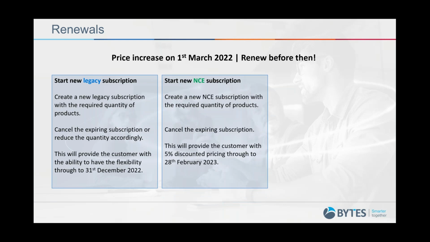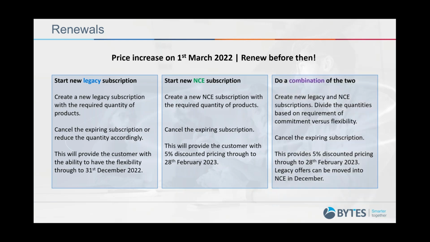To do that, create a new NCE subscription, increase the quantity in the new one and effectively reduce down or cancel the expiring one. You can do that regardless of when the customer's legacy subscription is due to expire. Or you can do a combination of the two. So have the conversation with your customers about what their base level of users might need to be.